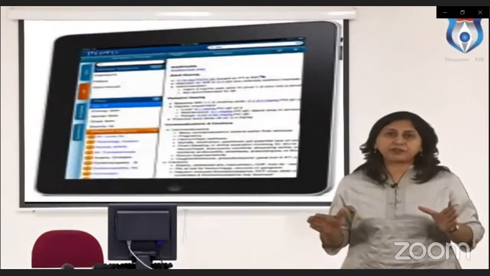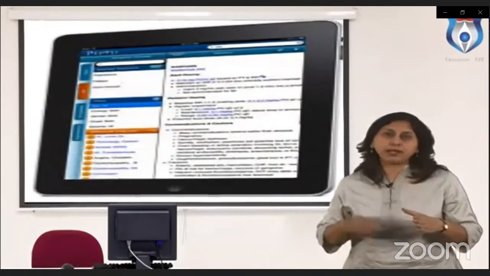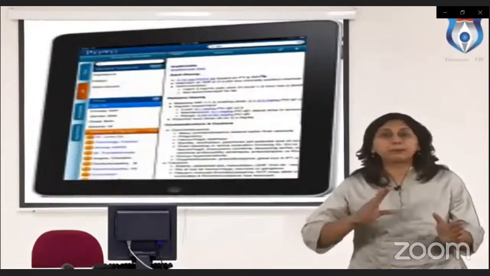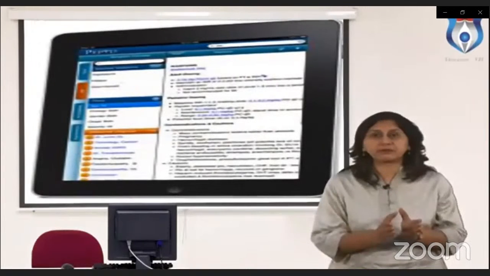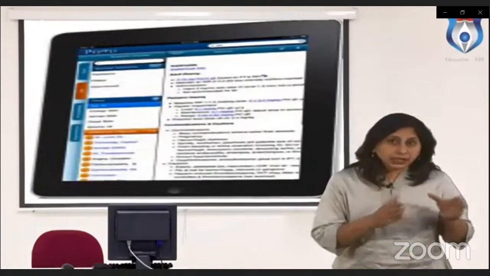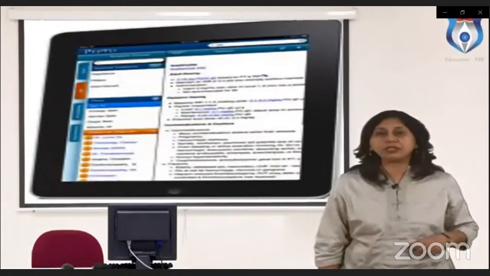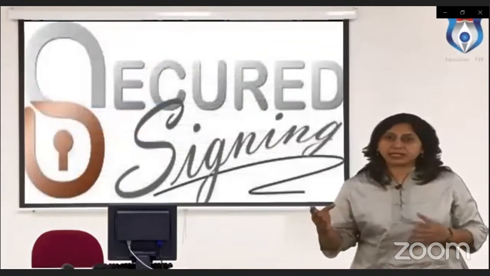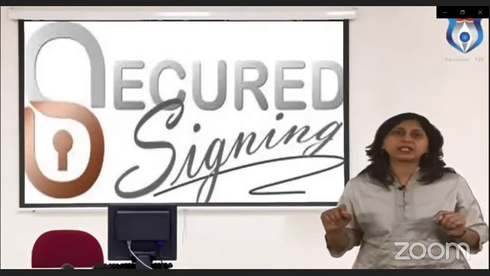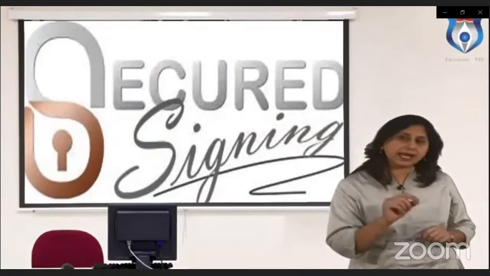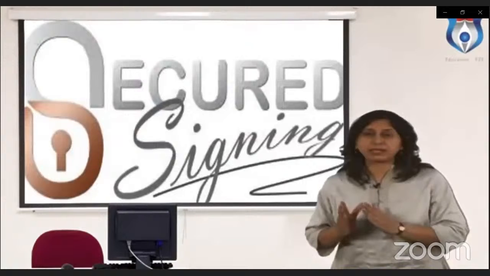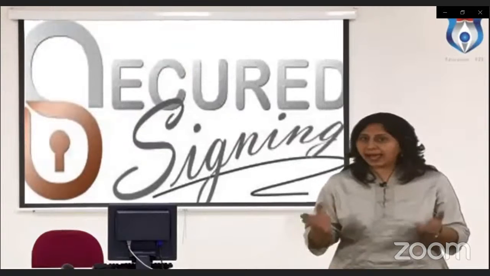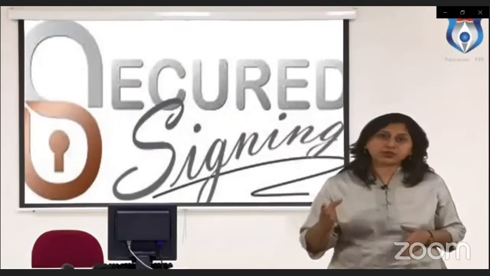Where any law provides for the filing of any form, application, or any other document with any office, authority, body, or agency owned or controlled by the appropriate government in a particular manner, the issue or grant of any license, permit, sanction, or approval by whatever name called in a particular manner, the receipt or payment of money in a particular manner, notwithstanding anything contained in any other law for the time being in force, such requirement shall be deemed to have been satisfied if such filing, issue, grant, receipt, or payment, as the case may be, is effected by means of such electronic form.